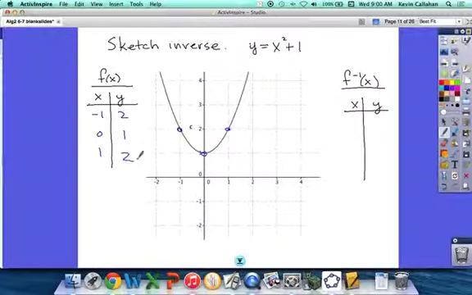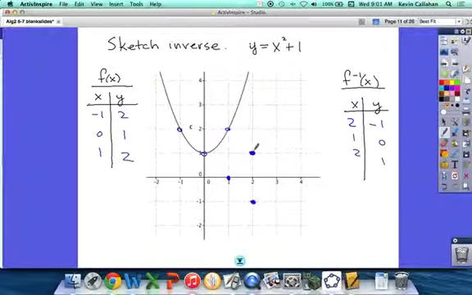So what will be the table of values for the inverse? Just flip the x's and the y's. Okay, now if I plot those, I get (2, -1), (1, 0), and (2, 1).